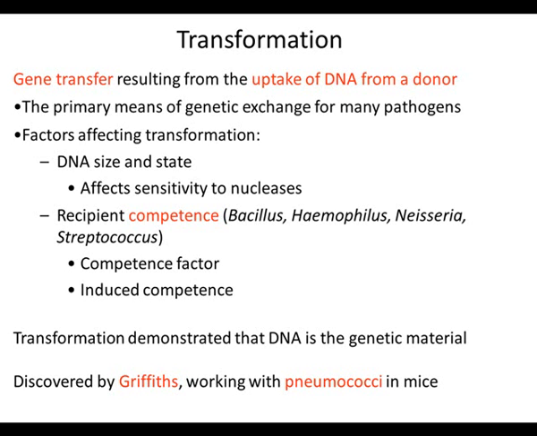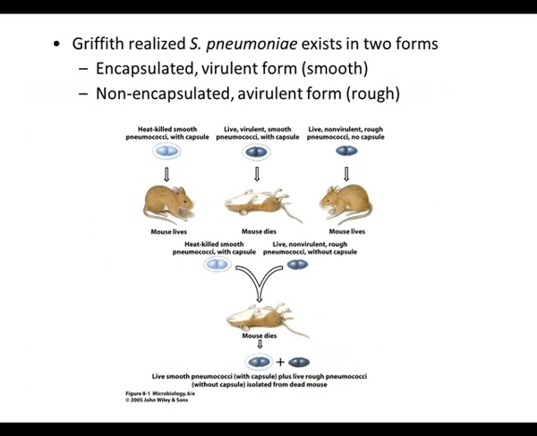And transformation was demonstrated a long time ago by Griffith, who was working with pneumococci. If you have Strep pneumo, it exists in two forms: the virulent form, which has a capsule, and the avirulent form, which is non-capsulated. If you heat-kill the virulent form and put it inside mice, there would be no effect.